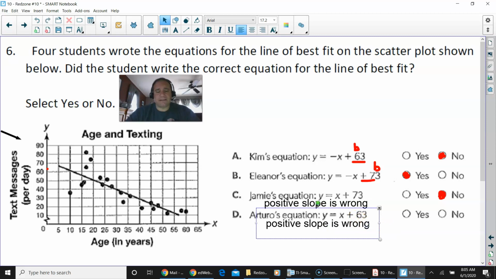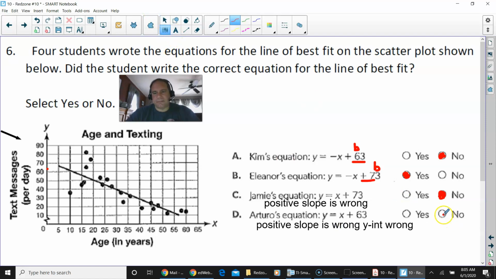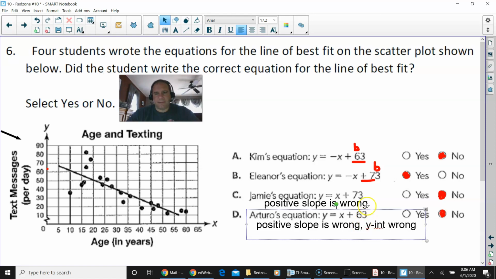He also has the y-intercept wrong. So that means Arturo is completely wrong. Right? The positive slope is wrong for Jamie, but the y-intercept is correct.